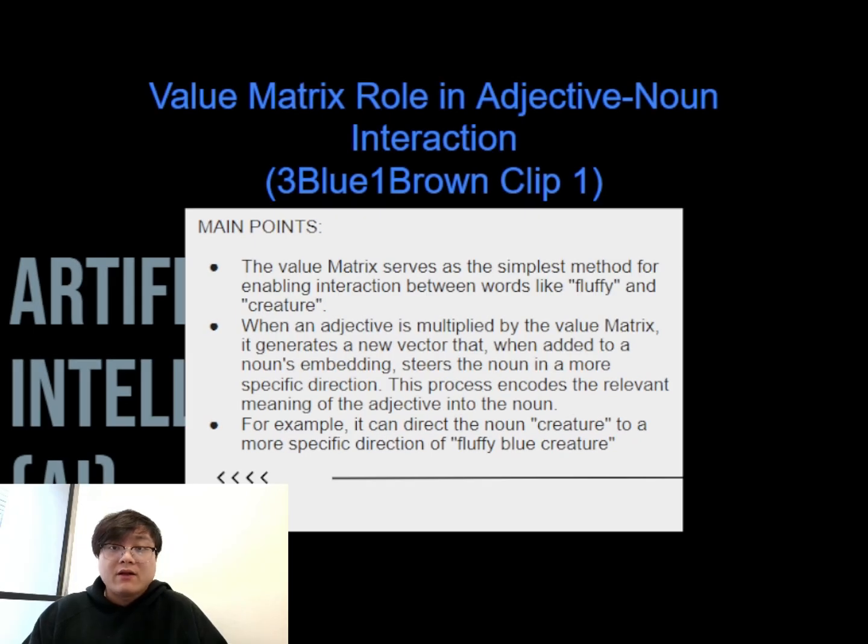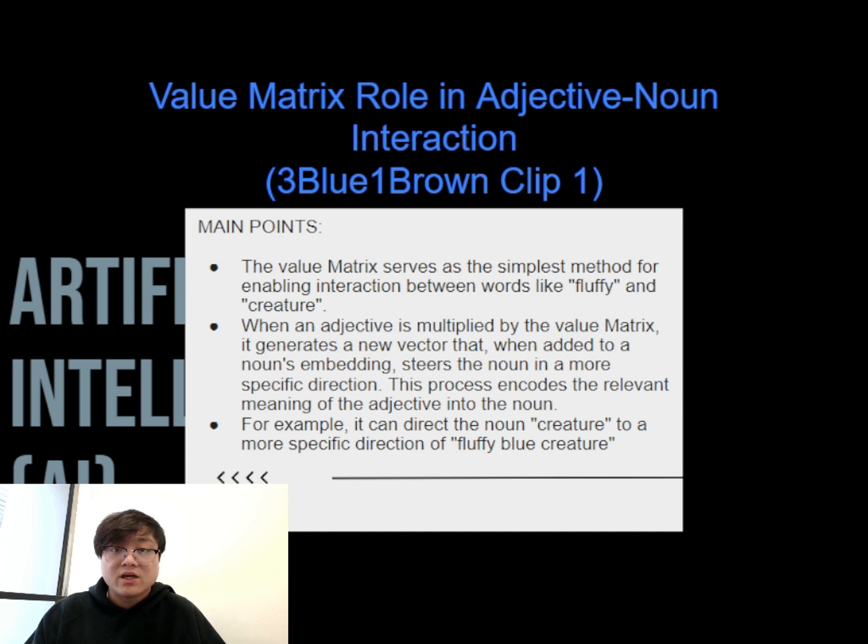Let's talk about how the value matrix helps adjectives and nouns interact in AI models, as explained in this 3Blue1Brown clip. The value matrix is a key component in the attention mechanism. It enables words like fluffy and creature to interact meaningfully. But how does that work? When an adjective is multiplied by the value matrix, it generates a new vector. This vector, when added to the noun's embedding, shifts its meaning in a specific direction.